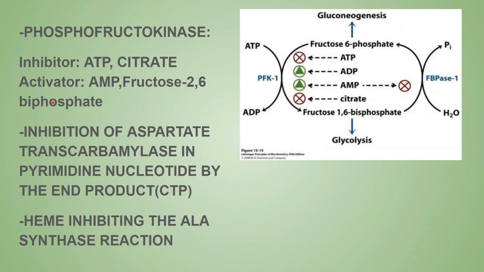The allosteric inhibitors are ATP and citrate, while the activators are AMP and fructose 2,6-bisphosphate. So, more amount of fructose 2,6-bisphosphate or AMP, more amount of further reaction will occur. Now, ATP is a substrate for the reaction, but it binds to the allosteric site while acting as a negative modifier.